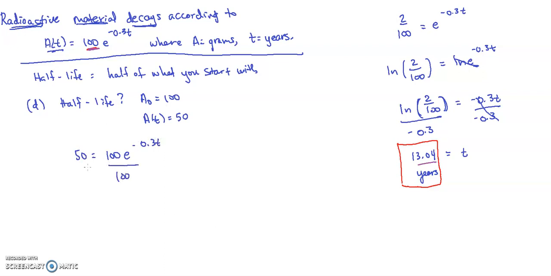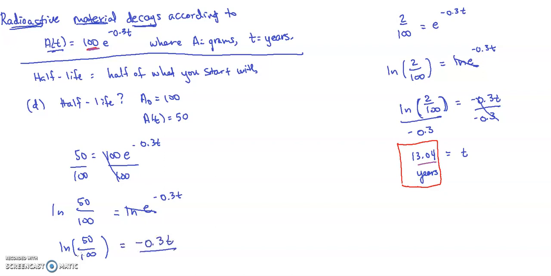We're going to get e by itself. And then we're going to take a natural log. And then we're going to get t by itself. Alright, and again, you're going to be careful with those parentheses on the calculator.